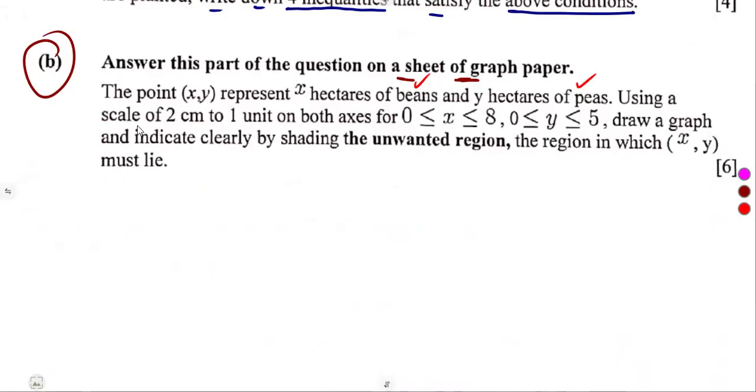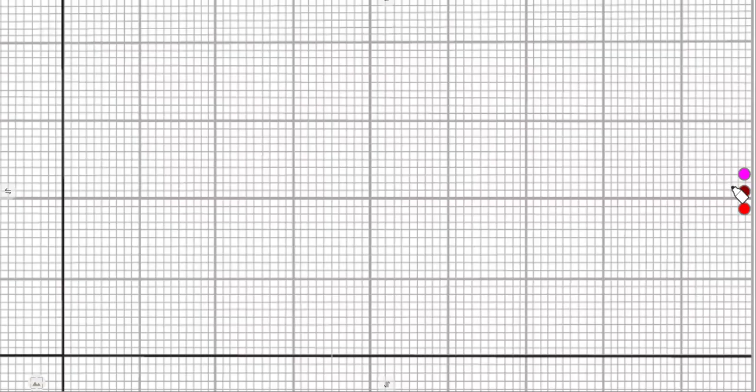So using a scale of 2 centimeters to represent 1 unit on both axes, for X greater than or equal to 0 and less than or equal to 8, we take our X values within this interval from 0 to 8.